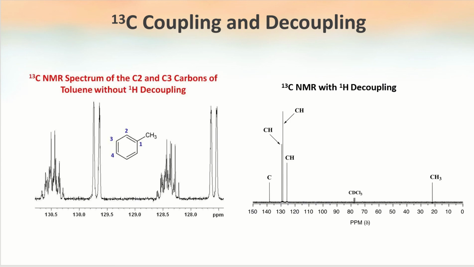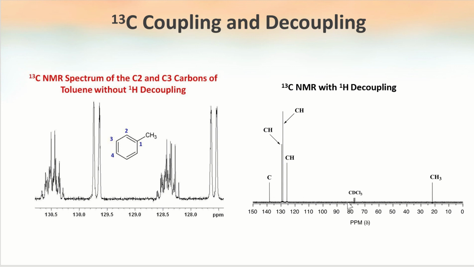So again, we have some other examples. This is toluene, and we can see the toluene without proton decoupling looking very complicated, while carbon-13 with proton decoupling is looking so much easier.